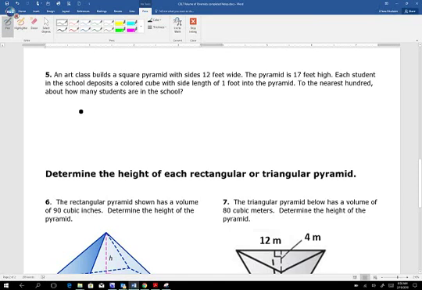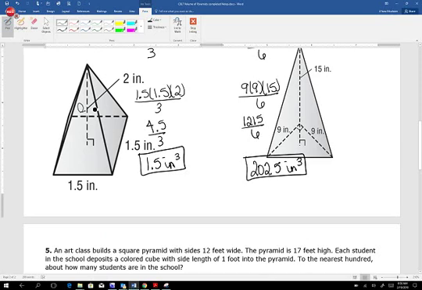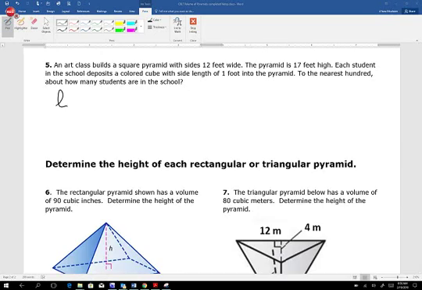Remember, to find the volume of a pyramid, it is the length, the width, and the height divided by 3 because it is a pyramid. It does say that it is a square, but remember, a square is a rectangle.